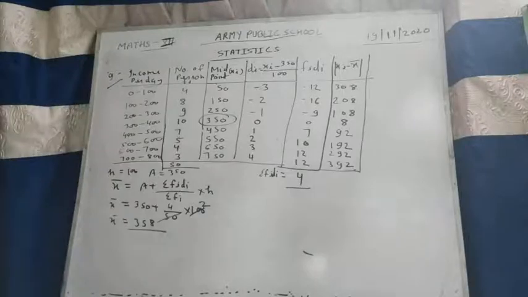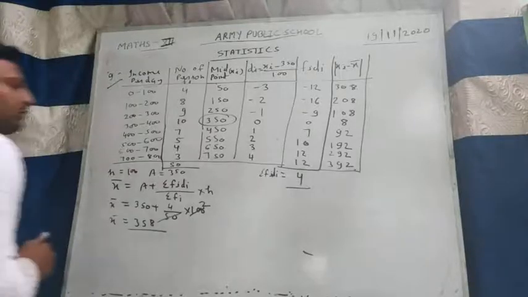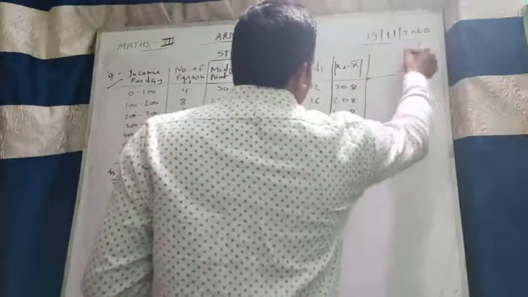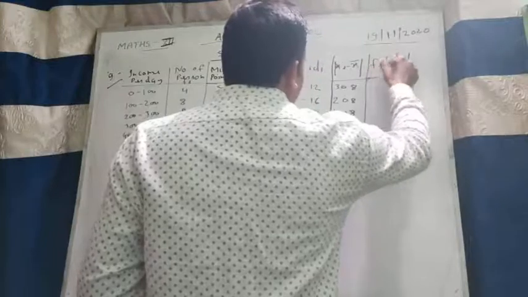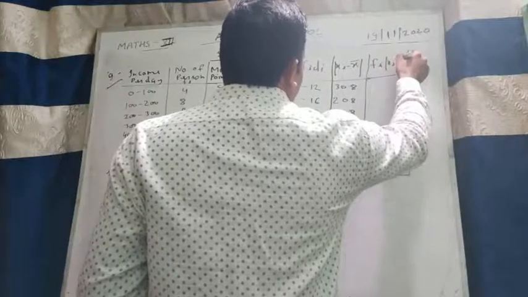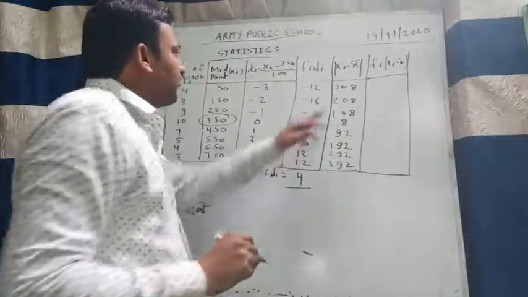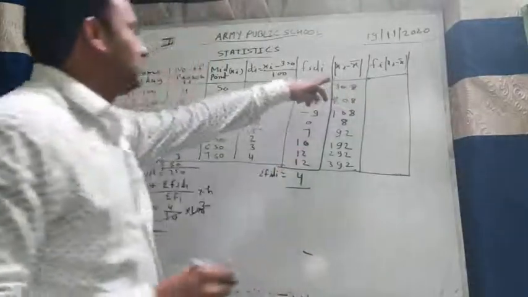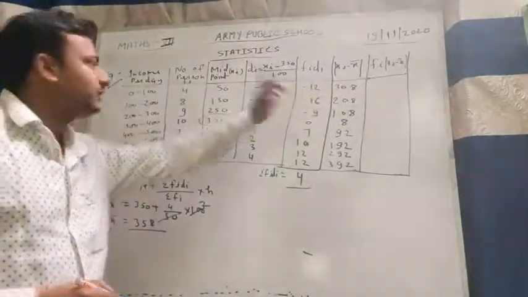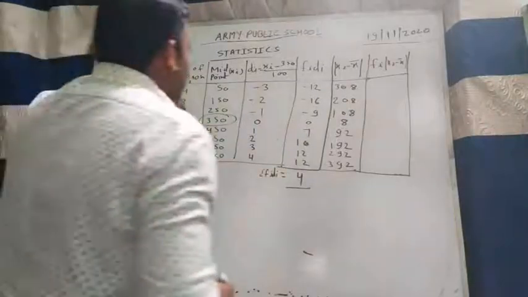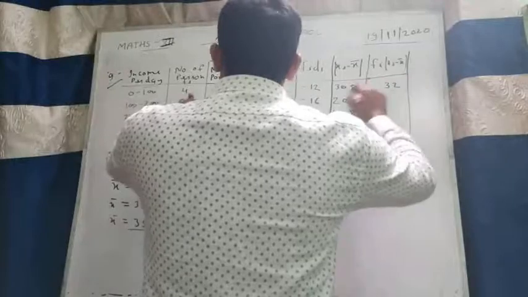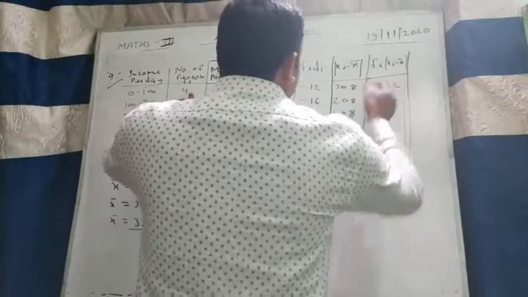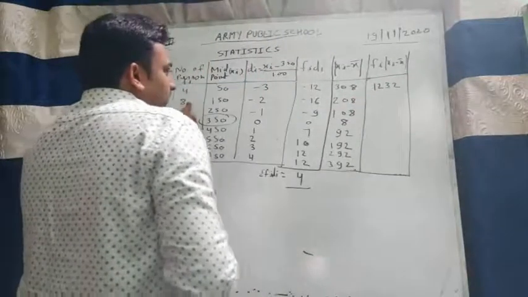Now our last column: for finding out mean deviation, we will find fi times modulus of xi minus x bar. So now we will multiply this modulus of xi minus x bar with the frequency. So you get 8 4s are 32, and 4 3s are 12. Again multiply with 8.